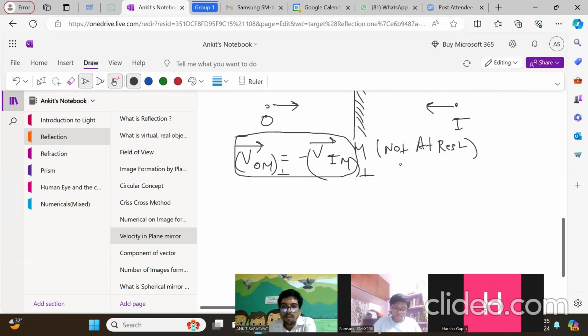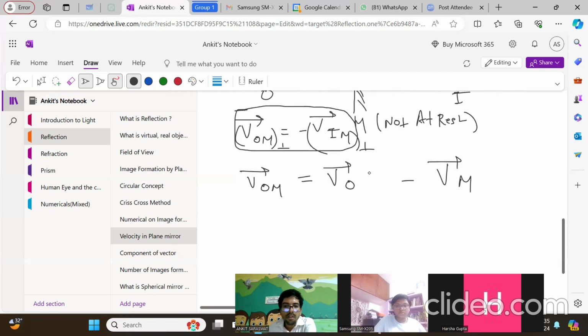Now, how to open this? Velocity of VOM, VO minus VM. Do you know this? Sir, no, sir. Now I'm confused, sir. I don't understand. Listen. Velocity of object, how to read this? Just write down the meaning of this.